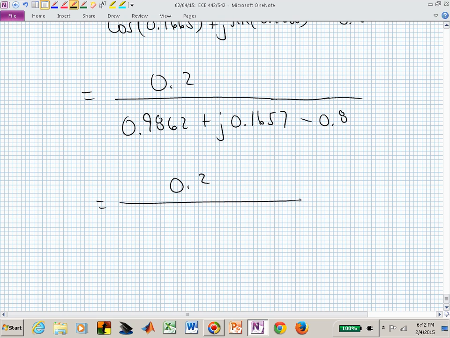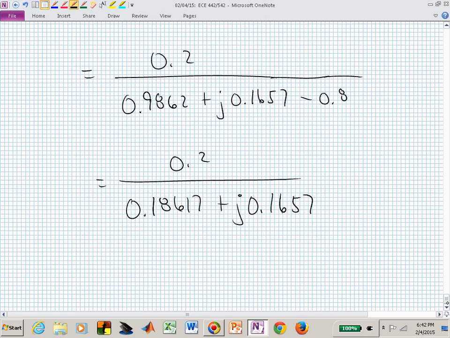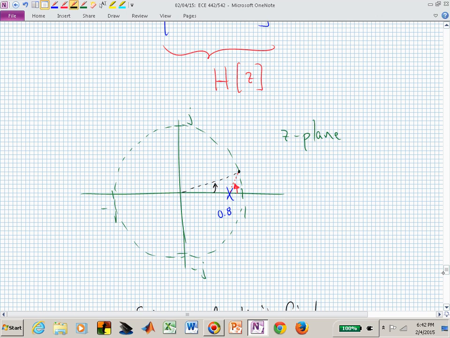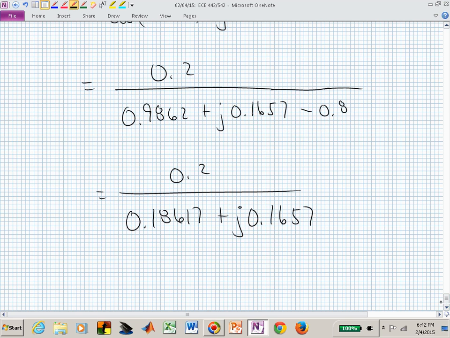If we keep doing the complex algebra in the basement, we have 0.18617 plus j 0.1657. If you look at what that means, to go from 0.8 to that dot, we have to move over horizontally 0.18 whatever it was, and up j 0.165 to get there.